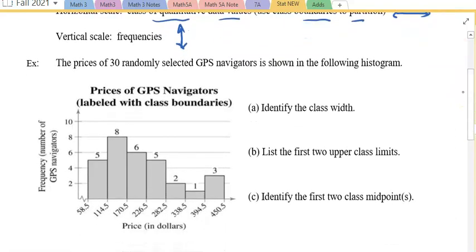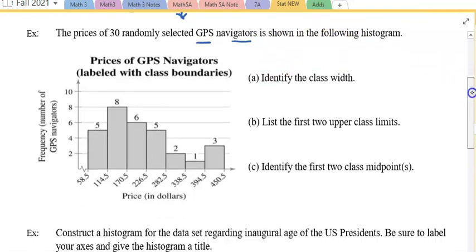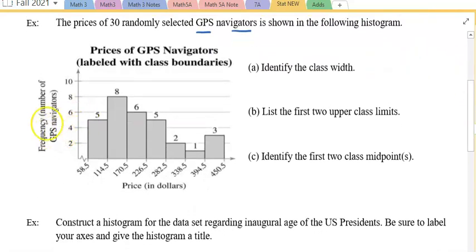And we have an example right here. The price of 30 randomly selected GPS navigators is shown in the following histogram. So here on the left, the frequency. Frequency means how many of those you have. So how many between $58.50 and $114.50, the cost? 5 of them.